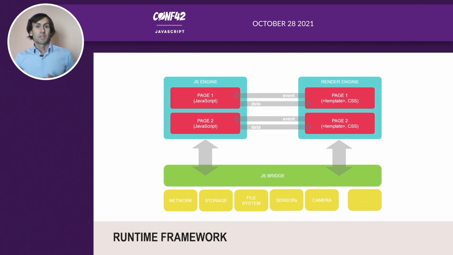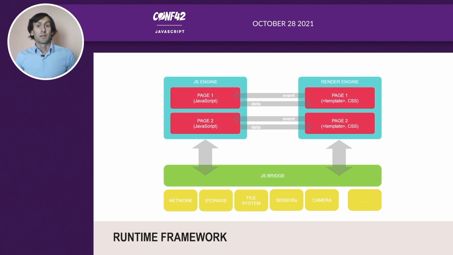The JavaScript engine is running all the logic of the pages and the components, the script part, and the rendering engine, as its name refers, is rendering the pages and the components using the templates, this information about how to model, structure, and offer the information to the user.